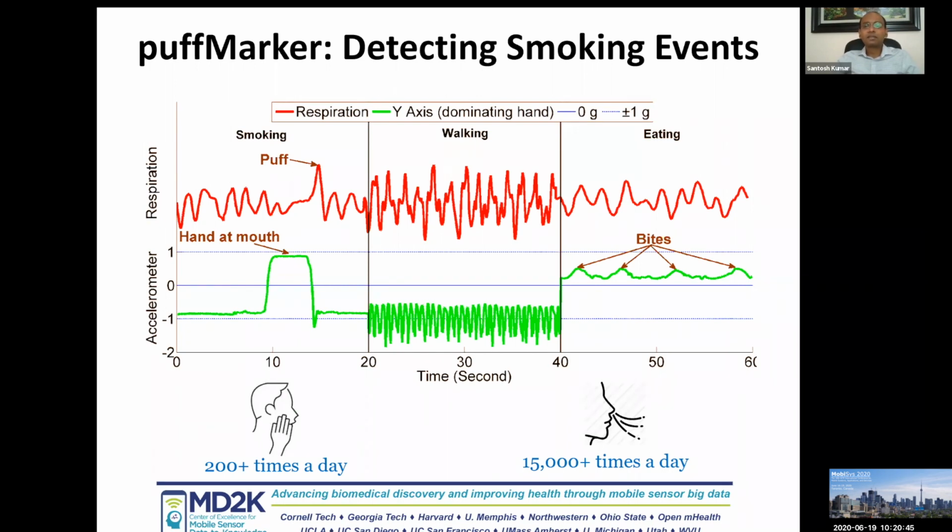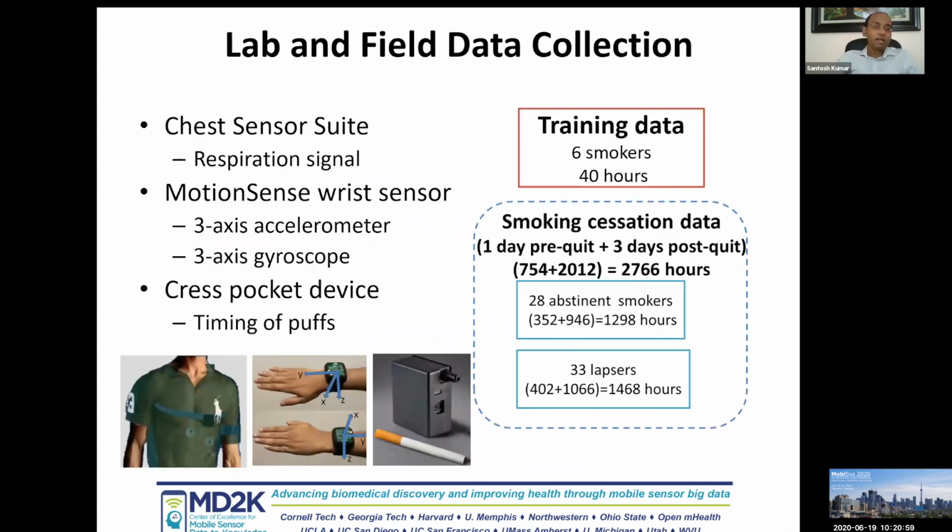So what it says is that we need data sets that can give us fine-grained, unambiguous labels for us to develop a model that can indeed work in the field environment. So what we did was that we did data collection again in a closed setting, and then we did a field study as well.